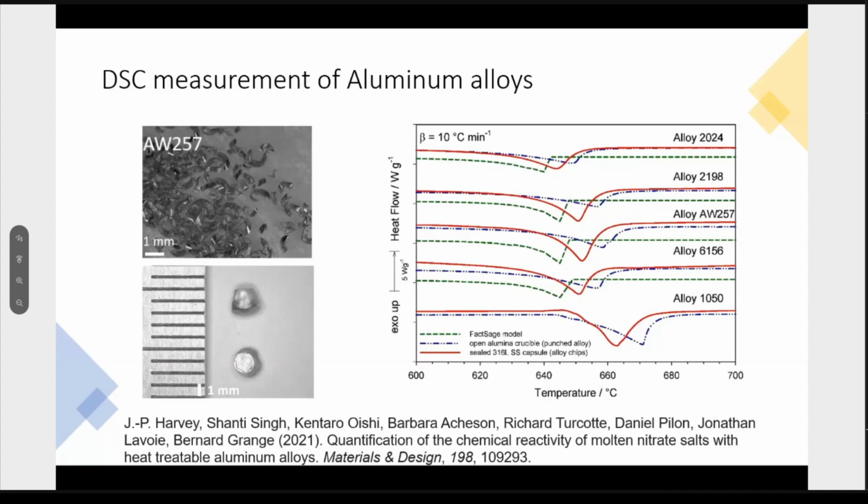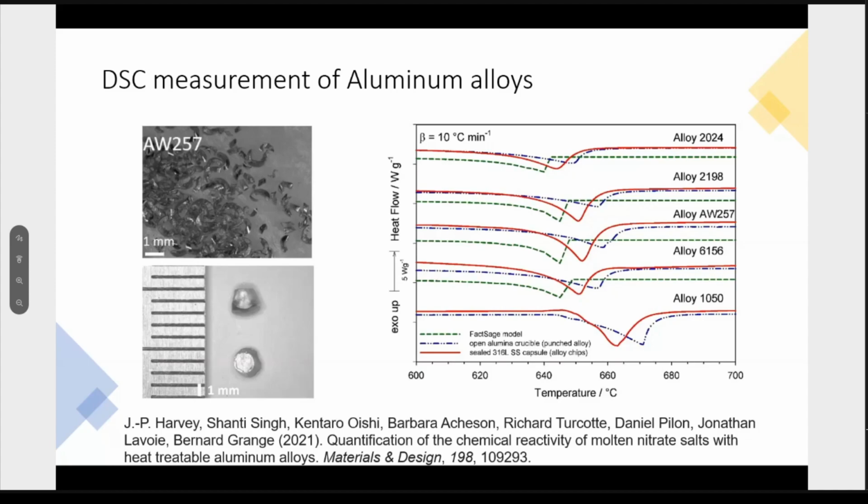Two different shapes of aluminum alloys were prepared, chipped samples and punched samples. Also, two different types of crucible, closed crucibles and open crucibles, were used for the measurement.